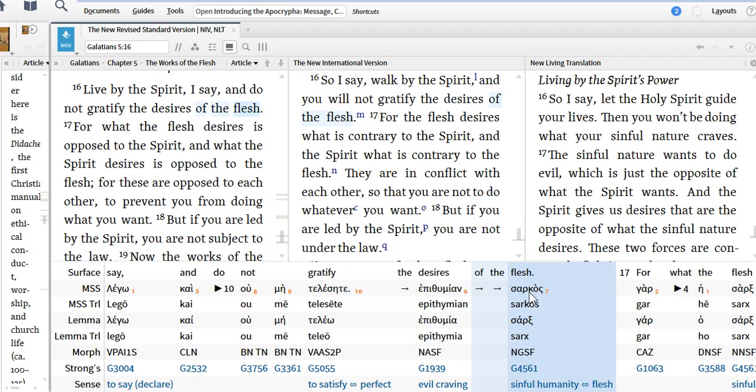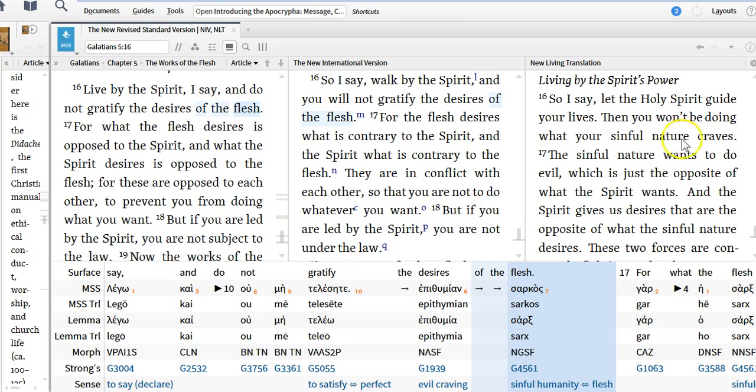Interestingly, the NIV used to translate flesh as sinful nature here, but moved back to flesh because the translators, upon further review, thought sinful nature is just too theologically interpretive. Is Paul actually making a claim about human nature here? Maybe not. So perhaps we shouldn't in our translation.